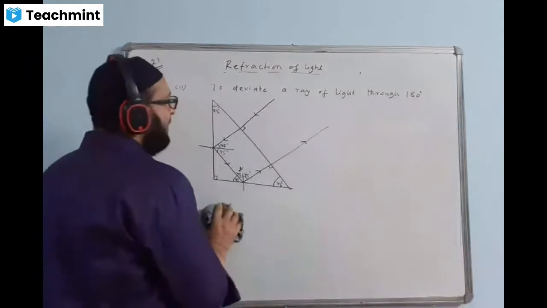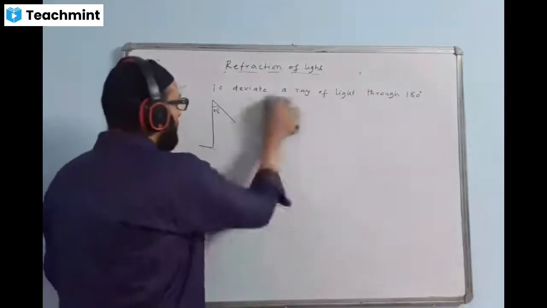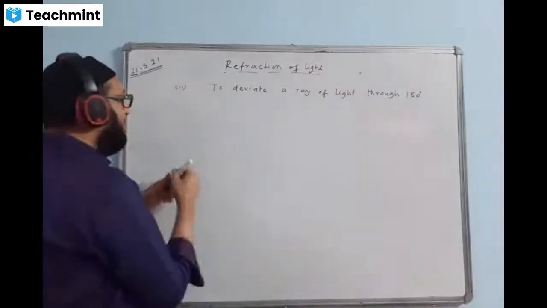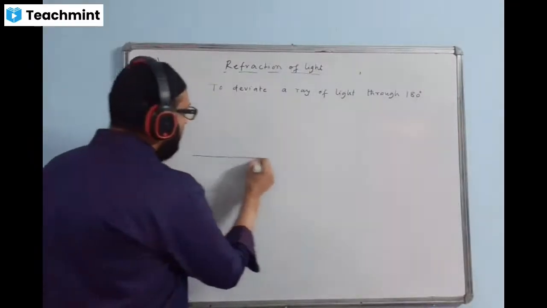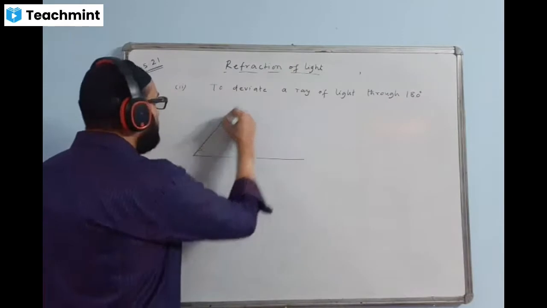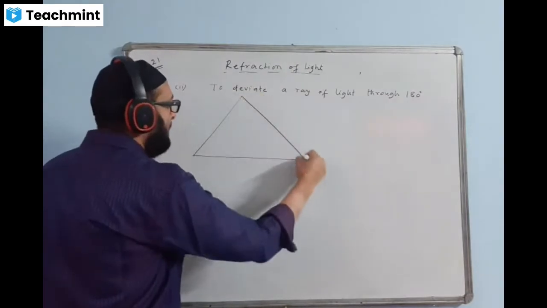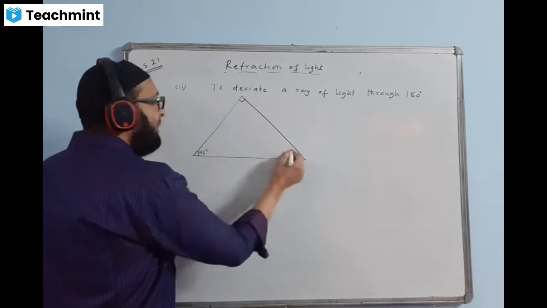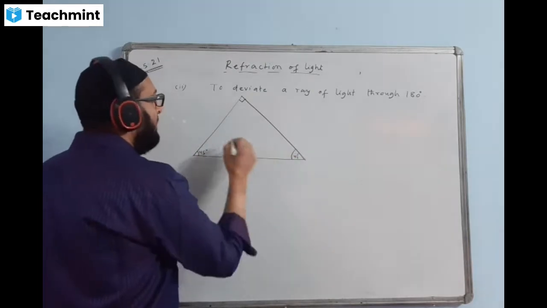Okay, this diagram is done. Now the same diagram can be given or shown like this. 45 degrees here, here also 45 degrees.